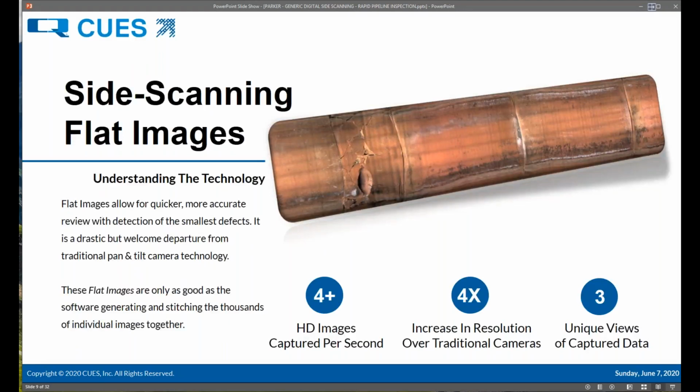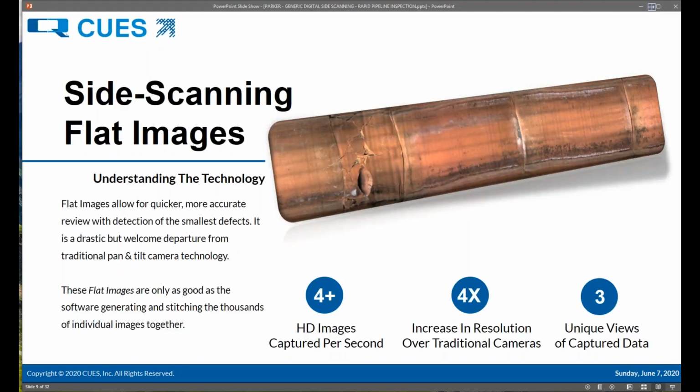And it's important to note that the accuracy is actually going to increase again because you're not having to pan and tilt and potentially miss a certain section of pipe. Flat images allow for a quicker review, more accurate review, detection of the smallest defects, and never missing another detail during a pipe inspection again.